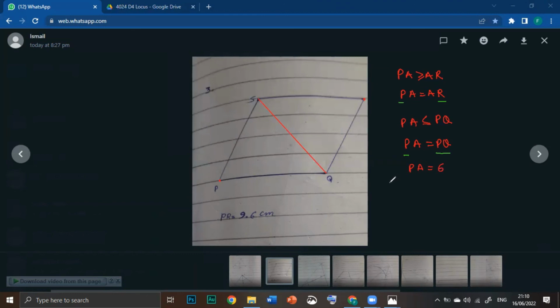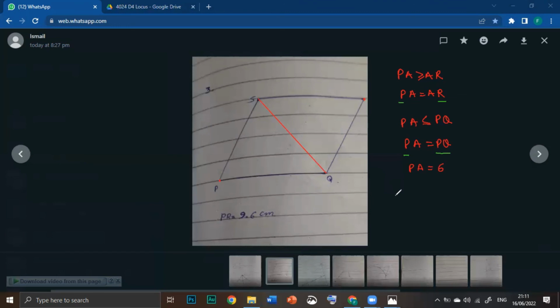What should be the locus? Sir, it will be a parallel line. The distance of A from P is 6. Sir, it will be a perpendicular bisector. In a perpendicular bisector, the statement should be that the distance of A from P and Q should be the same.